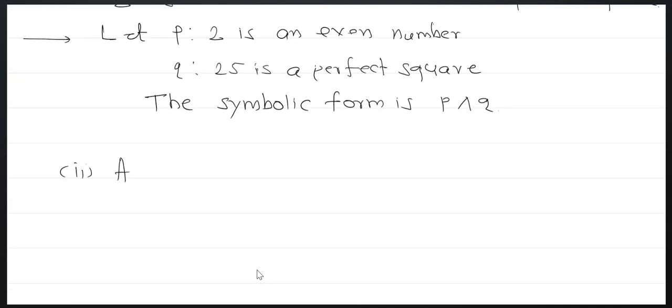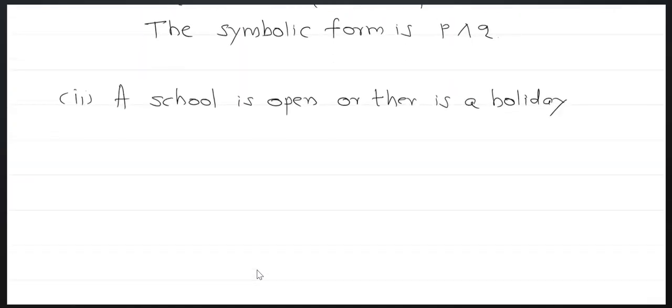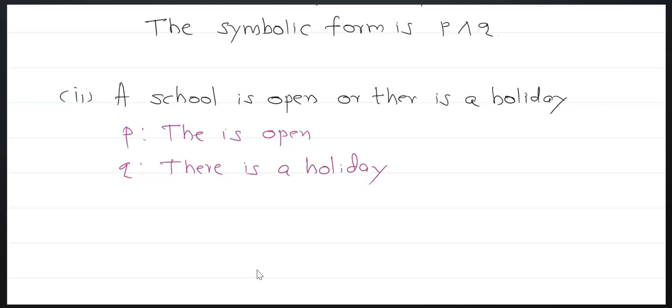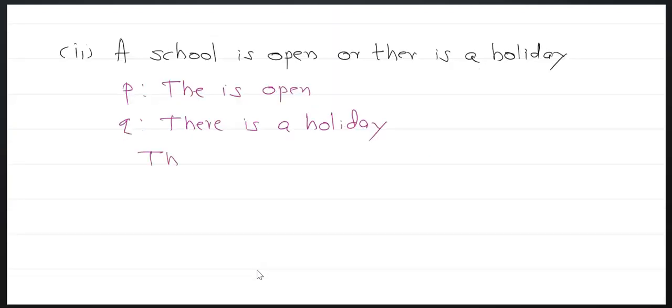Second: a school is open or there is a holiday. It is P or Q.